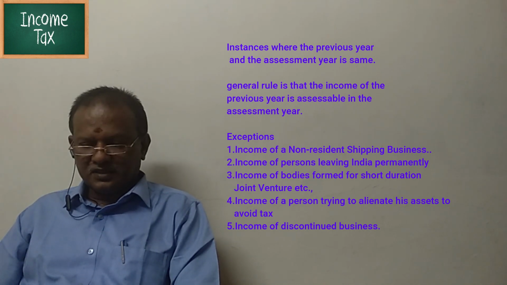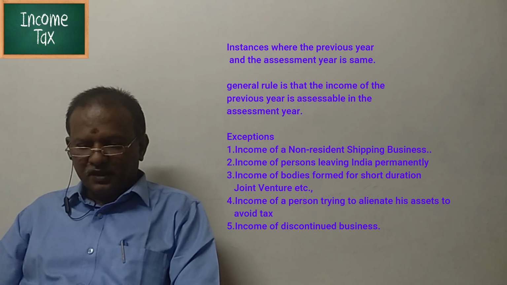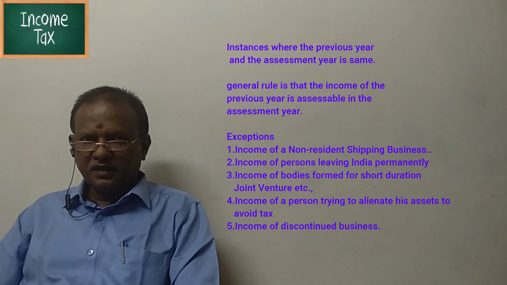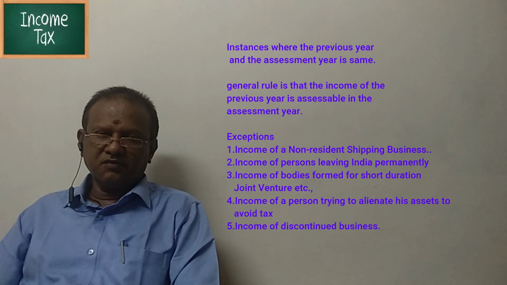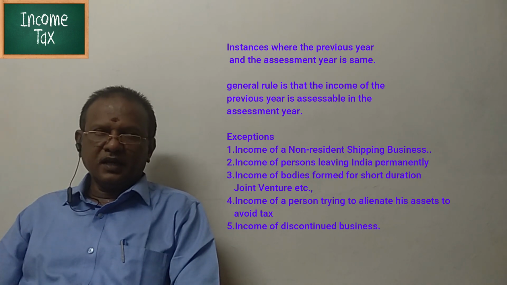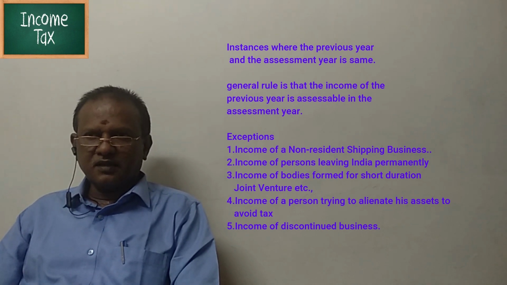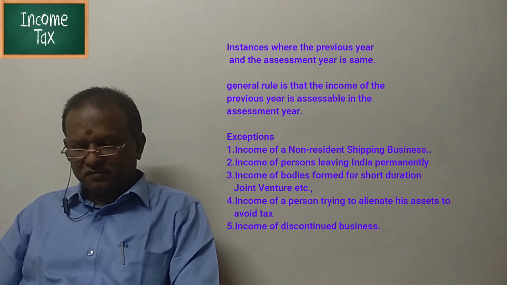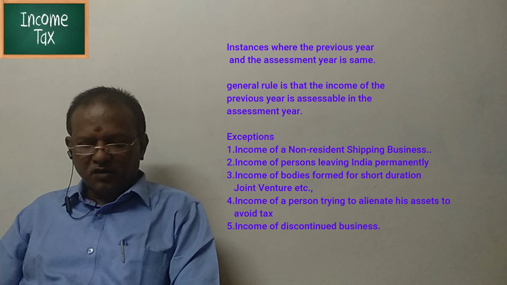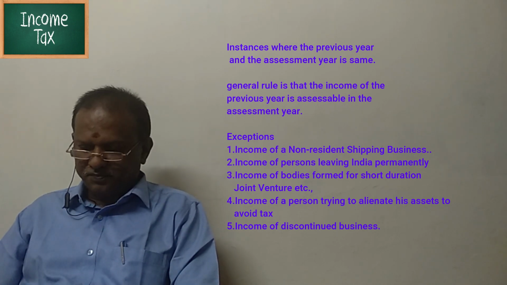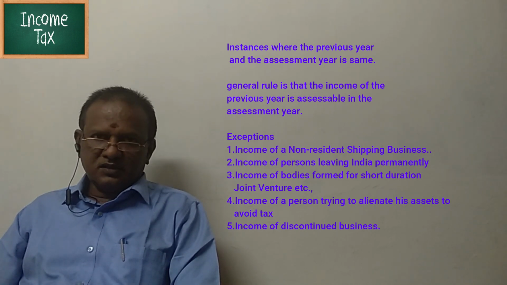The second point is the income of a person leaving India either permanently or for a long time. Suppose a person leaves India for employment; he has to pay the tax on the date when he left India. The third point is the income of an association formed for a short duration, called a joint venture.